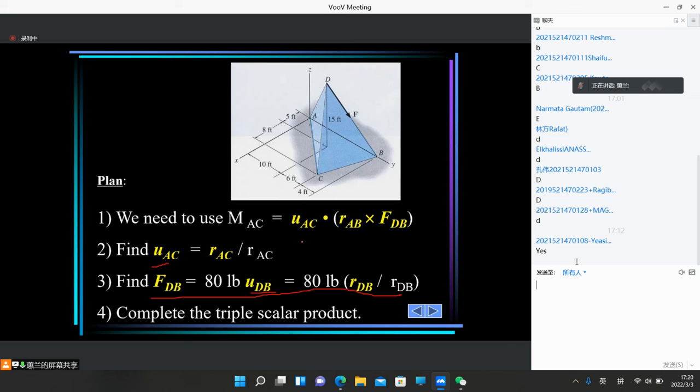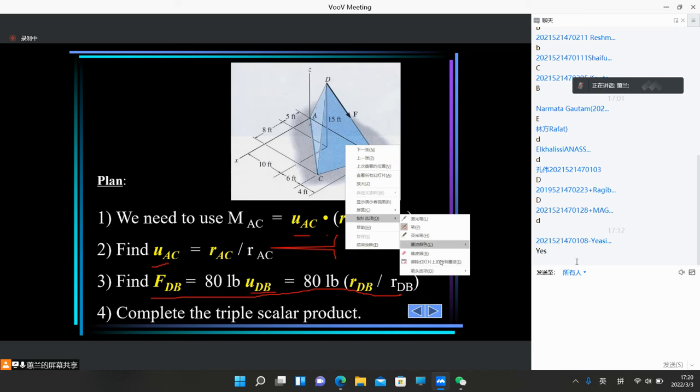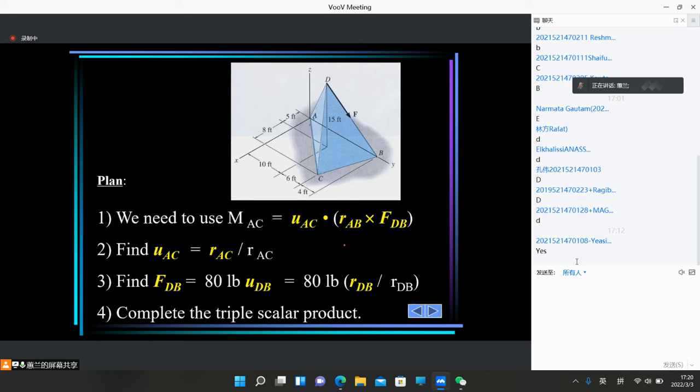If I say I want to calculate the moment about axis AC, so I will use UAC dot RAD cross F, is it okay?